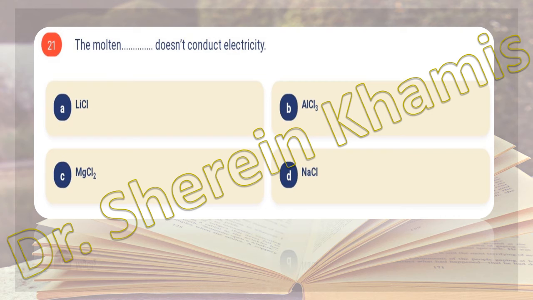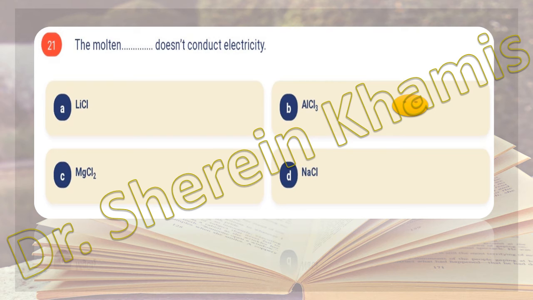So we have aluminium chloride, letter B. It's a substance that has the property of a covalent bond, so it doesn't conduct electricity.